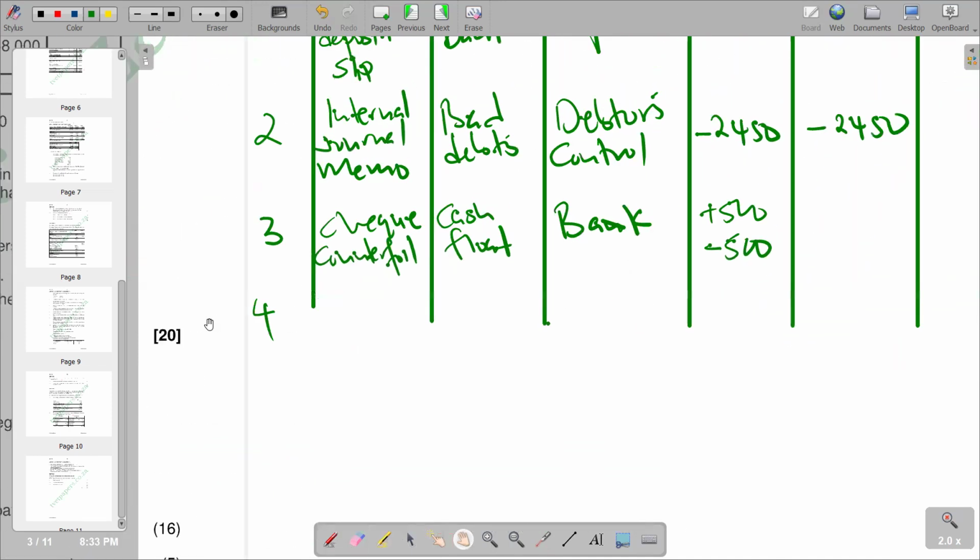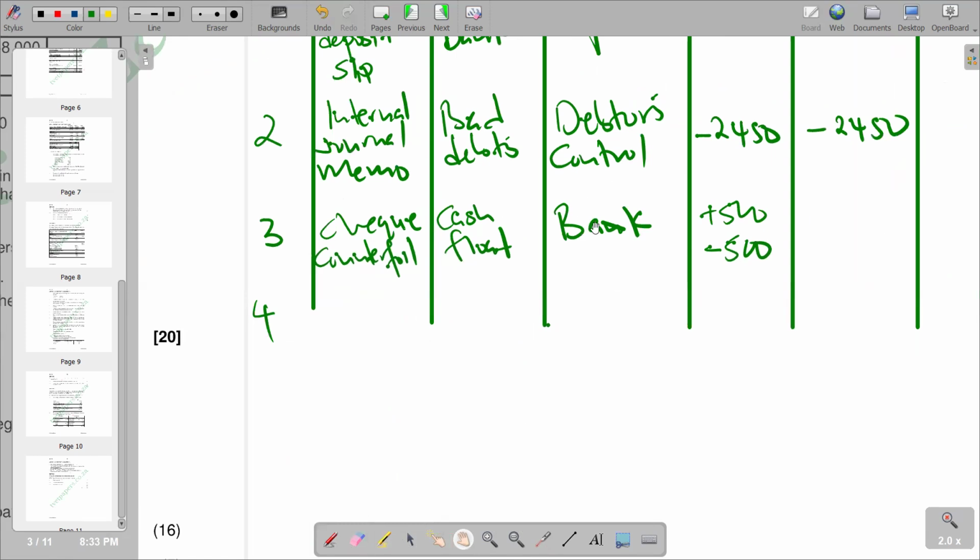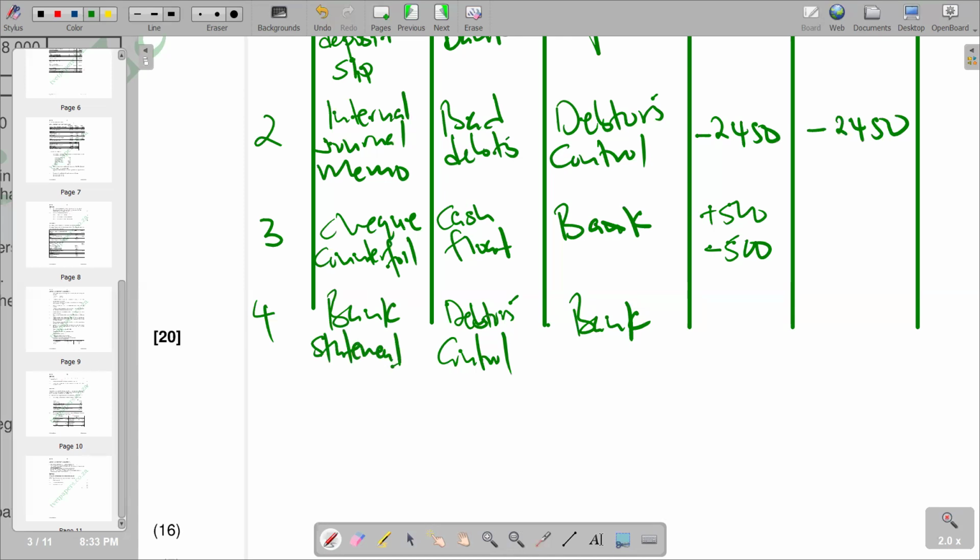So we are going to debit debtors control. In other words, we are reinstating the amount that we had recorded as payment. And then we credit bank. And then on the source document, obviously, we can find this on the bank statement. By debiting debtors control, this is an asset, it's a plus.